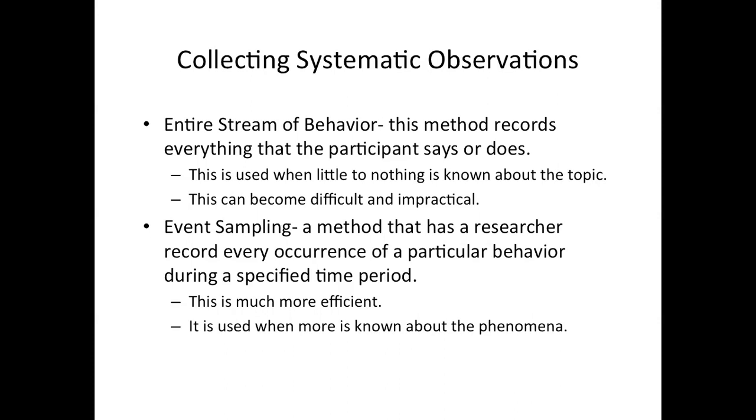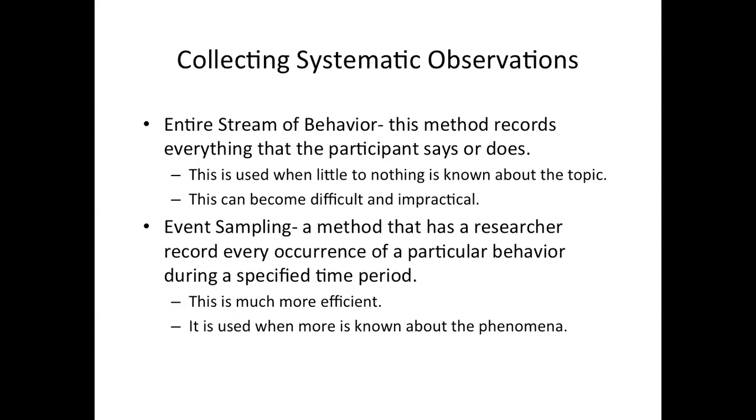It is very time consuming and very hard to write down everything that is happening. And then another challenge that we have to be mindful of is at the end of this observational period, you're going to have to create a code to find themes of what happened. And the more you've written down, the harder it is to analyze that qualitative data.